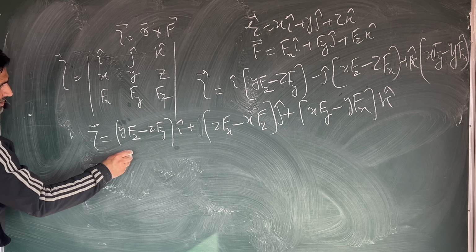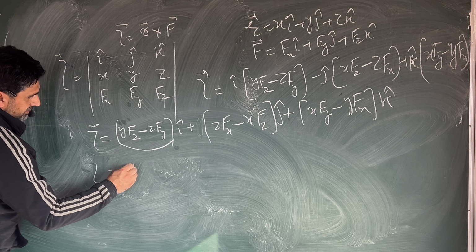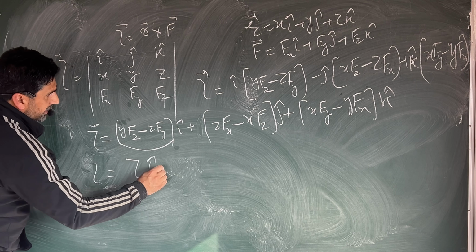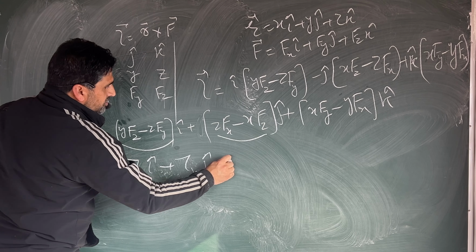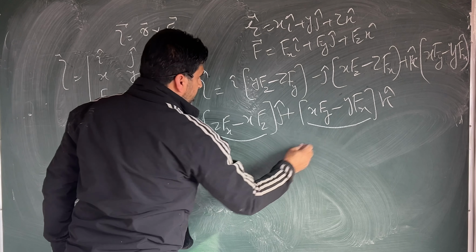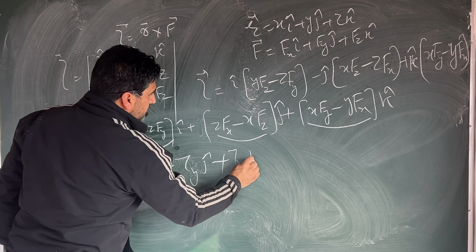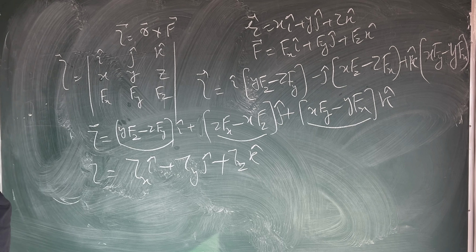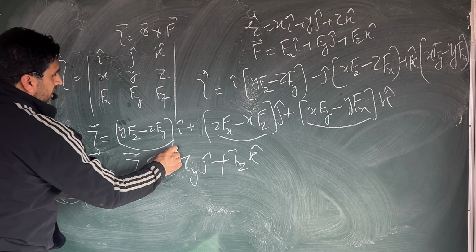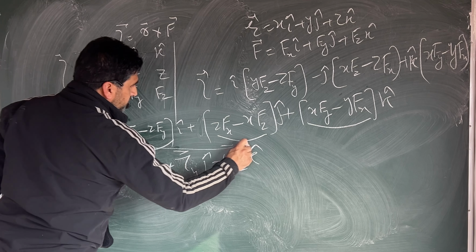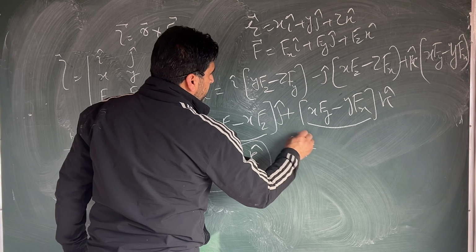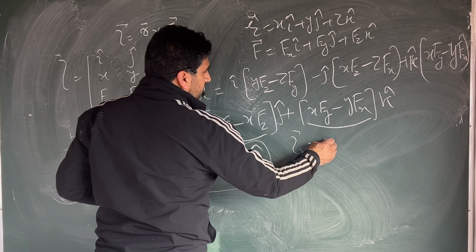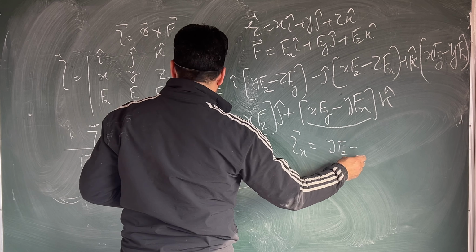This is torque along the x-axis, torque x times i. This is torque y, torque along y times j, and this is torque along z times k. So these are the components of torque along the respective axes. Torque along x is y fz minus z fy.